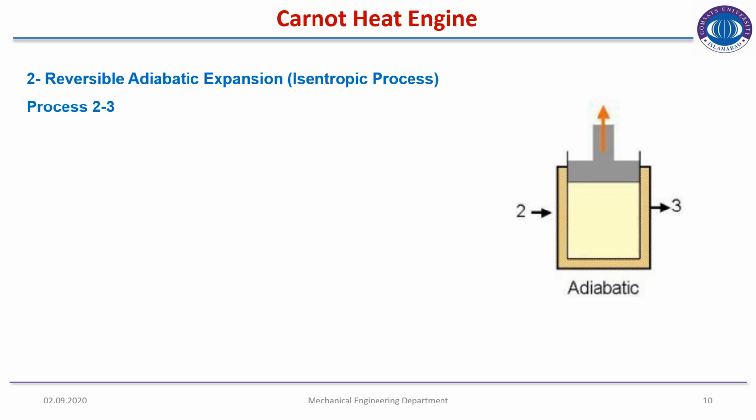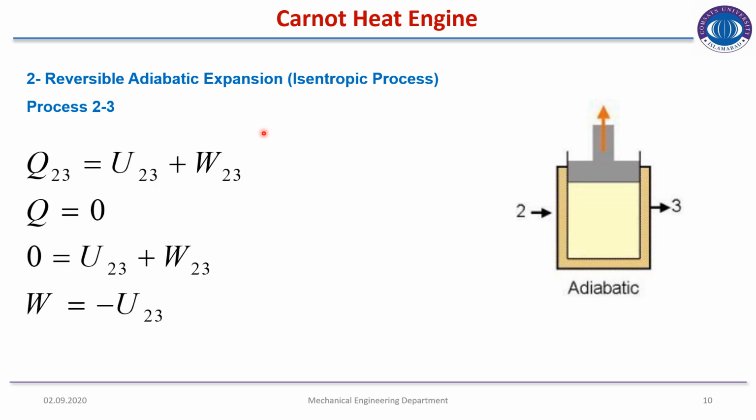The second process of the Carnot heat engine is reversible adiabatic expansion. A reversible adiabatic process is also an isentropic process, which is written inside the bracket. Expansion suggests that the volume will increase and the piston will move upward, and adiabatic suggests that no heat enters or leaves the system.